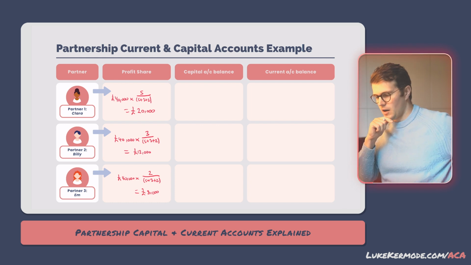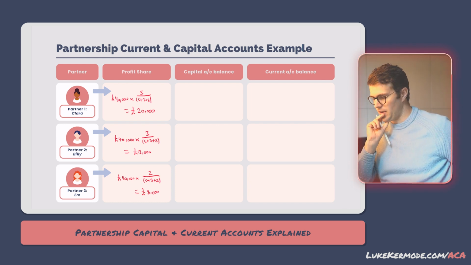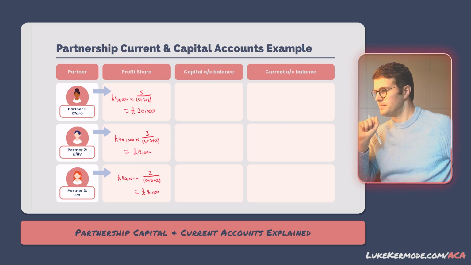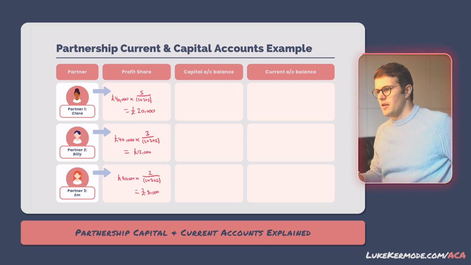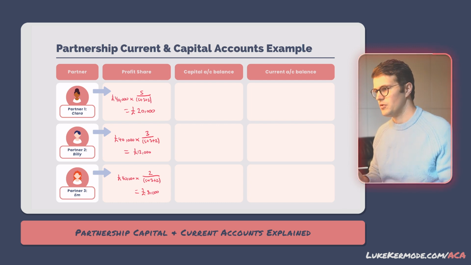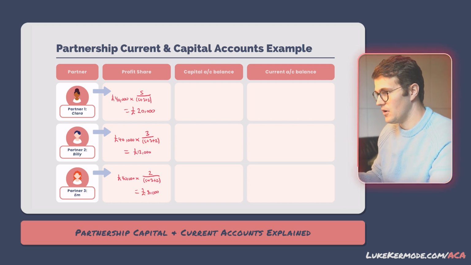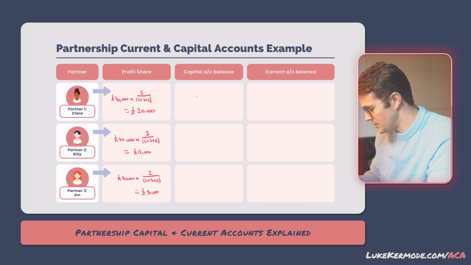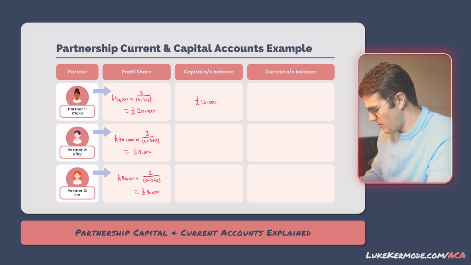So in other words, Clara is entitled to 5/10 of the profit, Billy 3/10 of the profit, and Em 2/10 of the profit. The capital account balances remain unchanged during the period because no new capital was introduced. So Clara's capital account balance remains at 15,000. Billy's remains 7,000, and Em's remains 10,000.